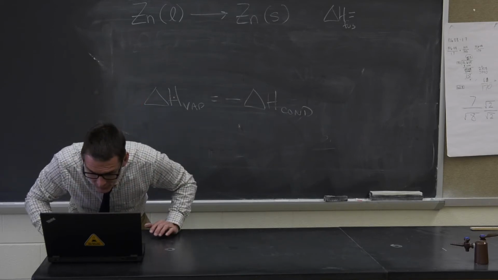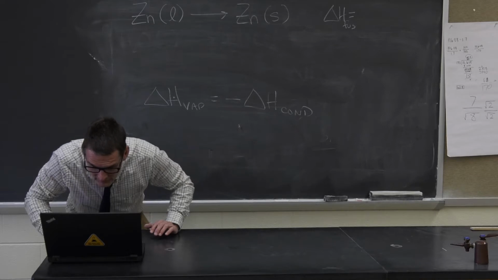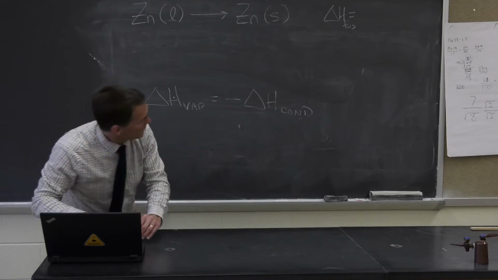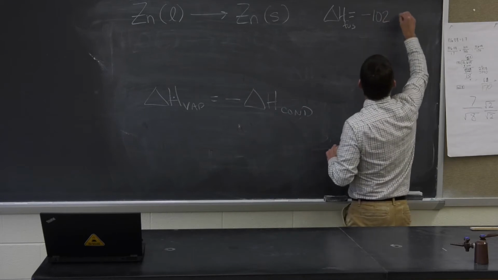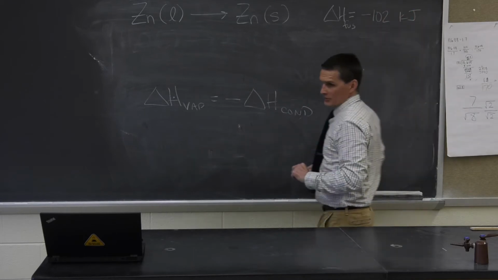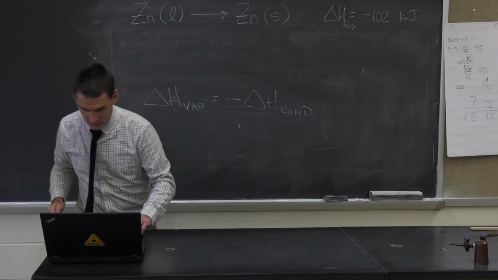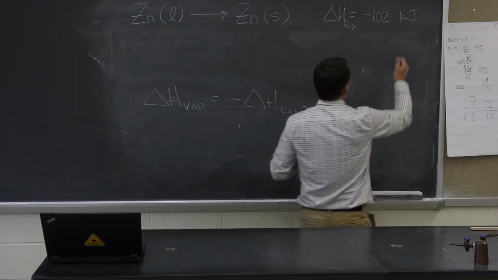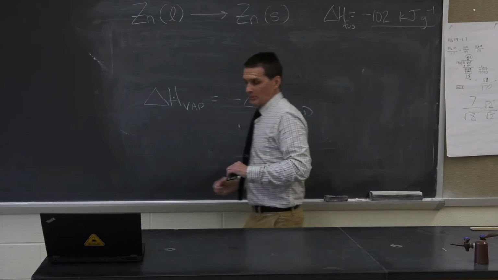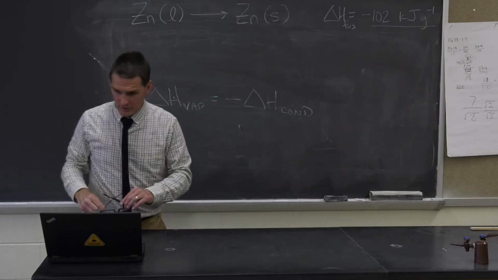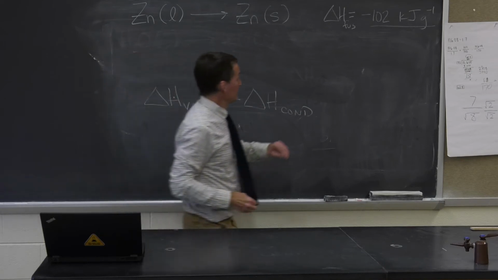Yes, the enthalpy of fusion of zinc is going to be a negative 102 kilojoules for every mole of zinc that undergoes, oh, I'm sorry, that's per gram. This is going to be kilojoules per gram. So it's going to be 102 kilojoules. That's joules, not kilojoules.